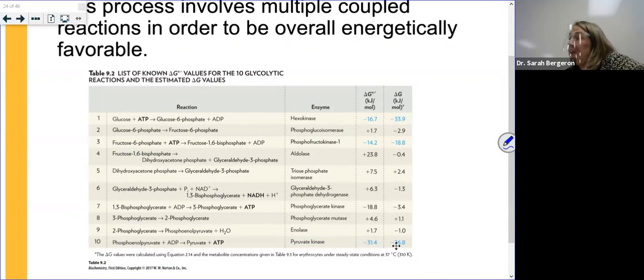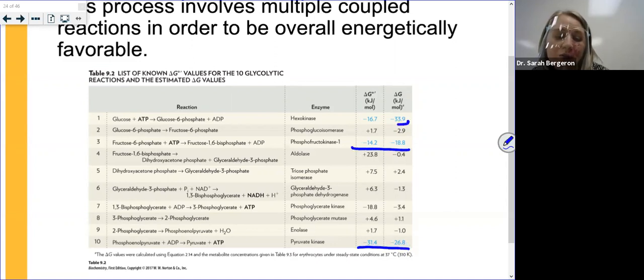They're energetically favorable, they're spontaneous. And so what that means basically in the cell is that these reactions, these three enzymatic reactions, are irreversible. Because they have such large negative delta G values, right? 1, 2, 3, these are irreversible.